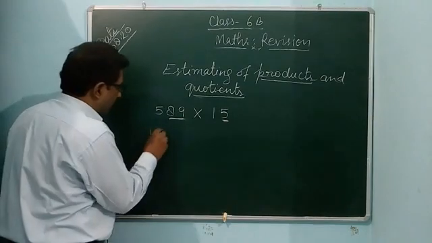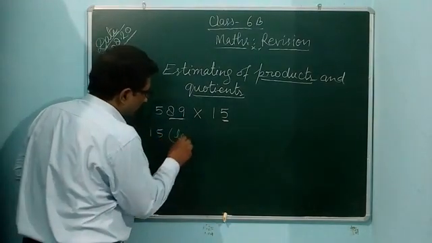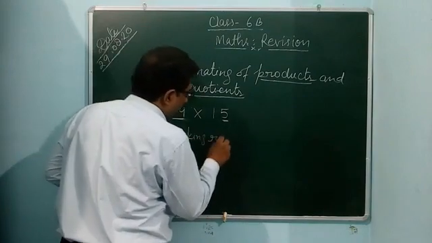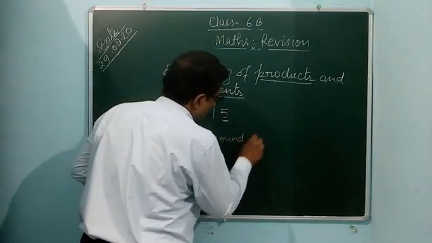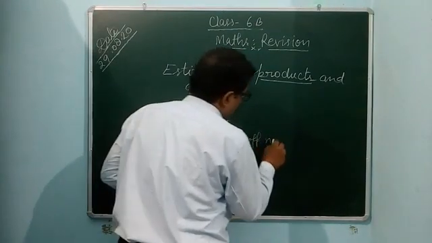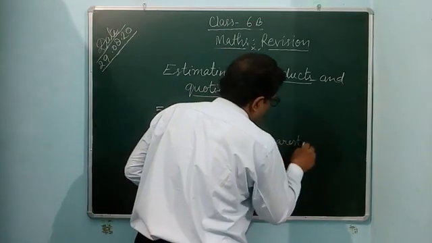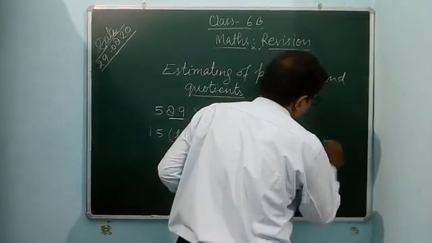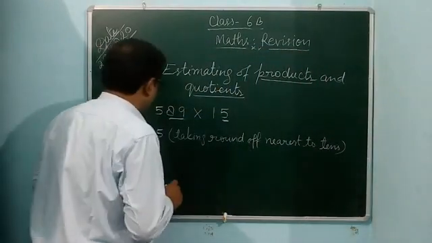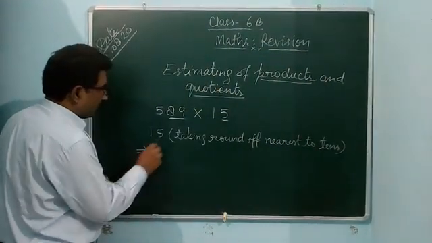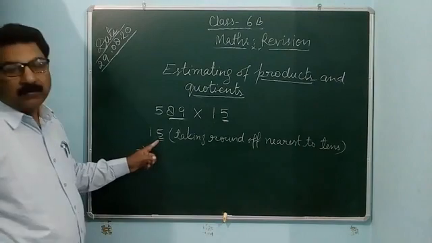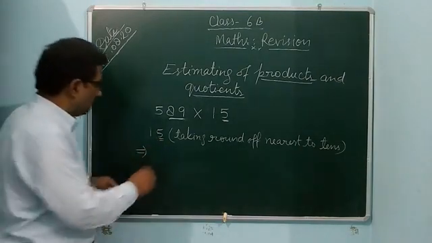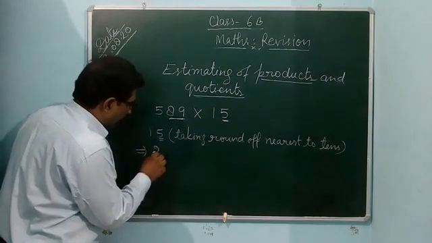So 15 rounded off to the nearest 10: 5 is equal to 5, so it goes to the next number, which is 20.